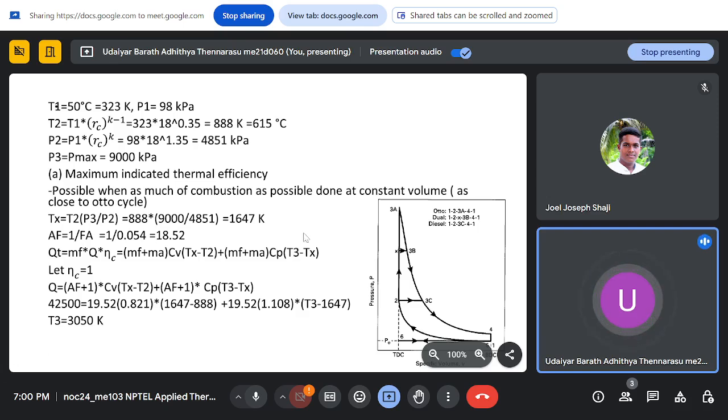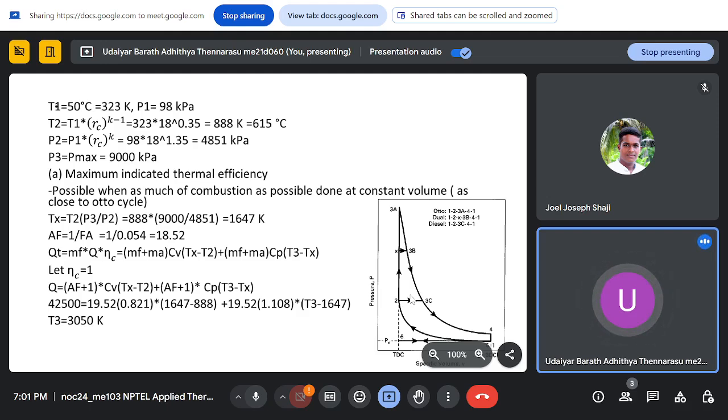Starting, we list out what is known. At state 1 the temperature is 50 degrees Celsius, so it becomes 323 Kelvin, and your inlet pressure is 98 kilopascal. In either the maximum or minimum case, it's a different comparison from the previous one.